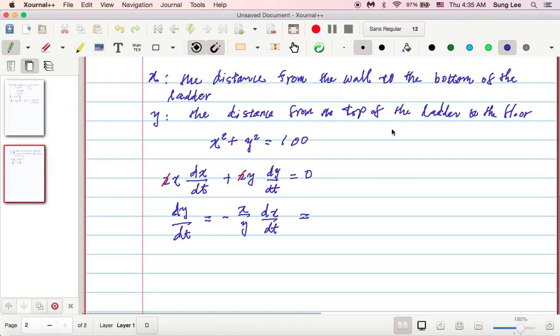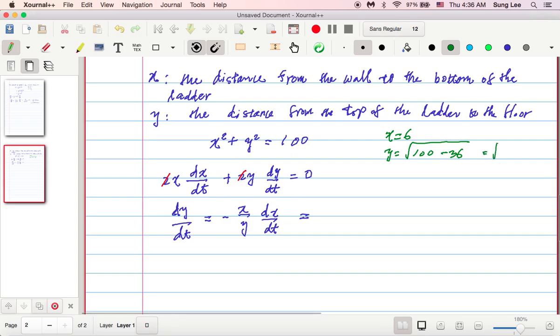So when x equals 6, from this Pythagorean relationship, you can easily find the y. Okay, so y is going to be the square root of 100 minus 6 squared, right? 36.